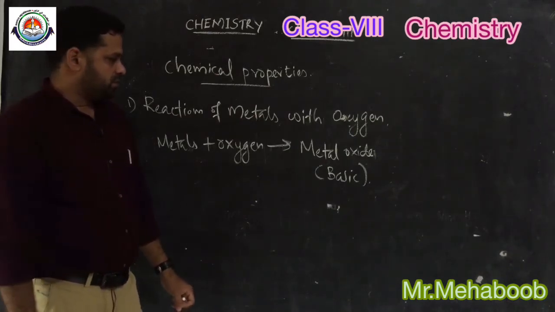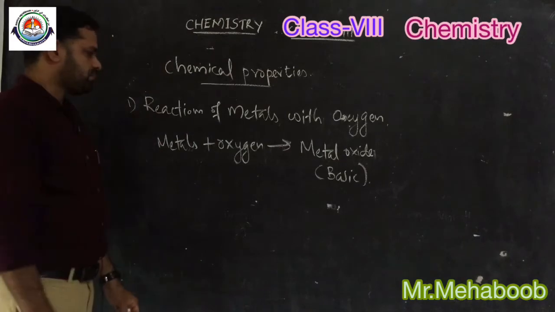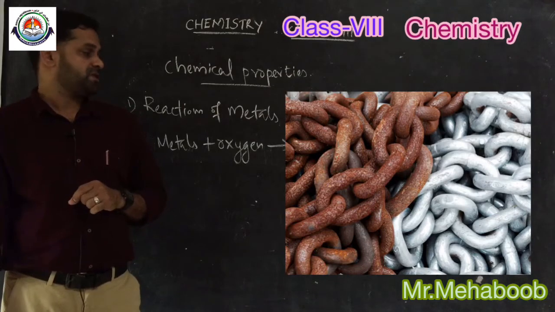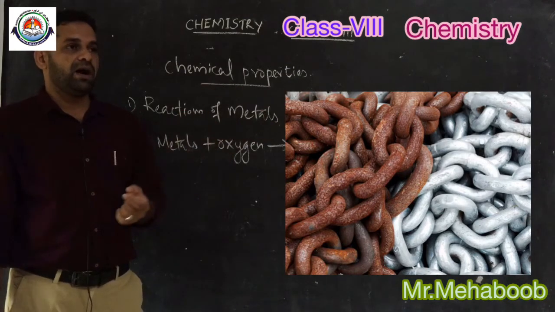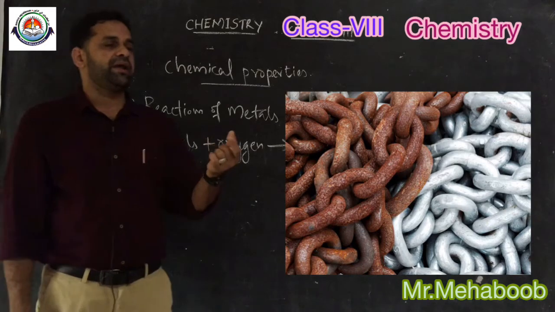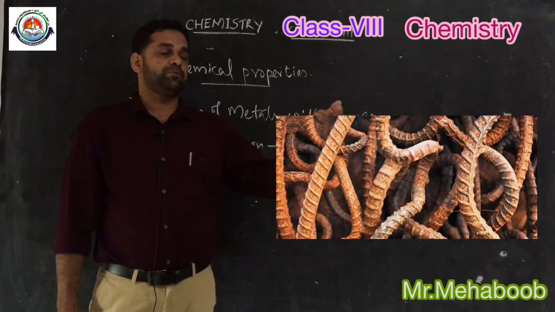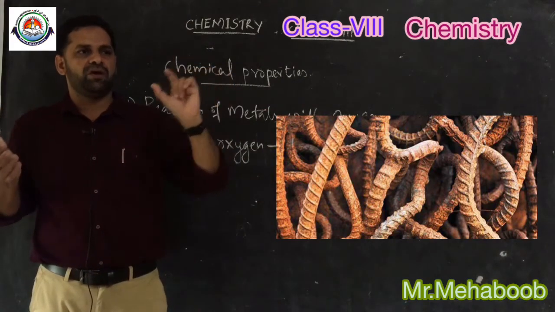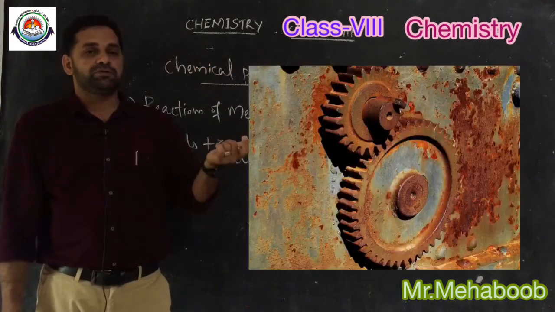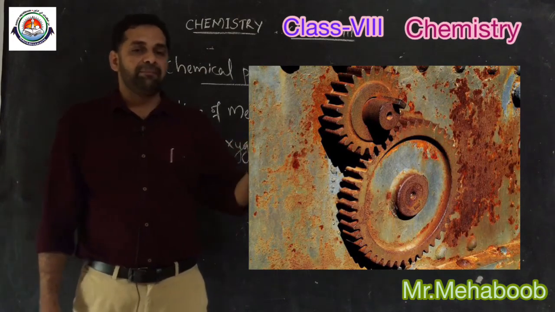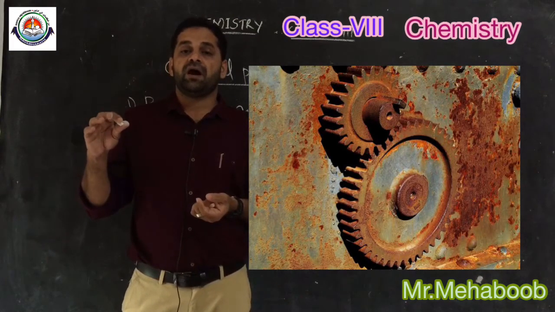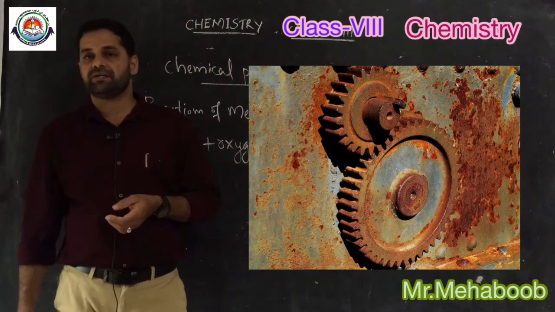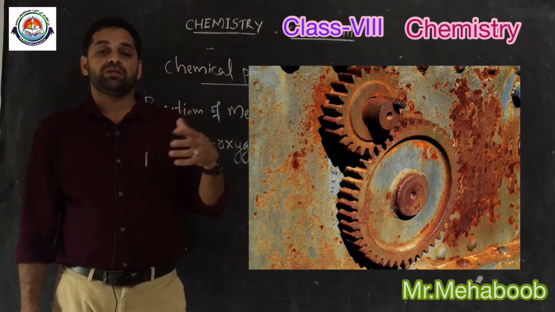So, you can take another example, rusting of iron. Have you heard about rusting of iron? When we keep iron instruments or iron materials exposed to damp air, which contains a slight amount of water vapors, after a few days or a few months you can see that it is corroded.